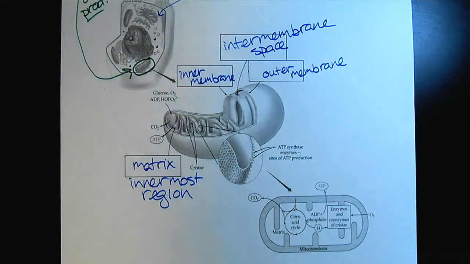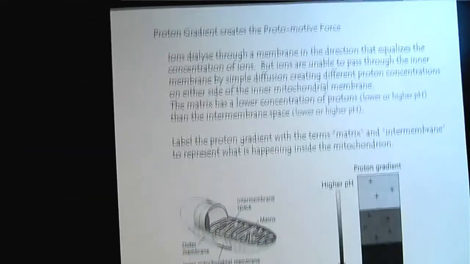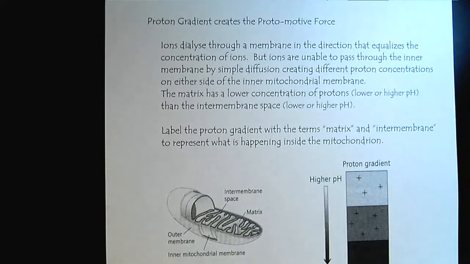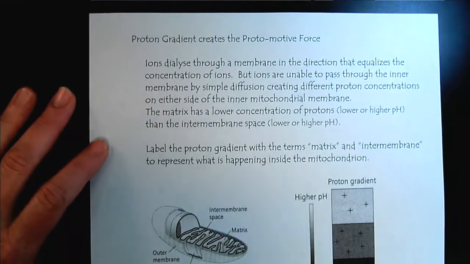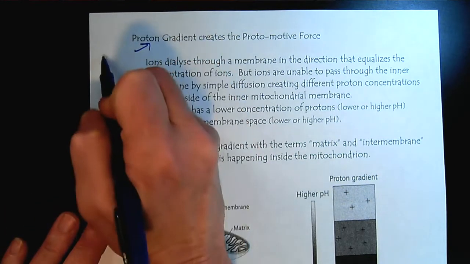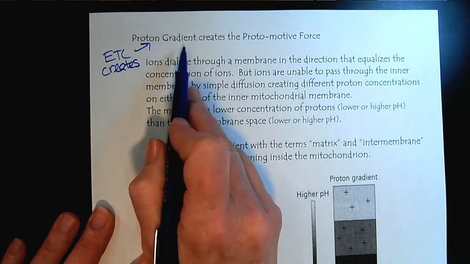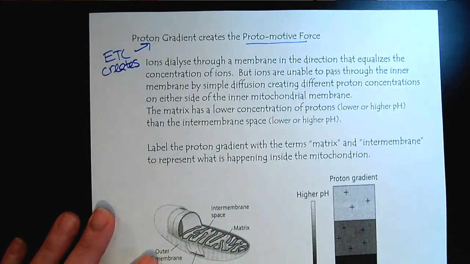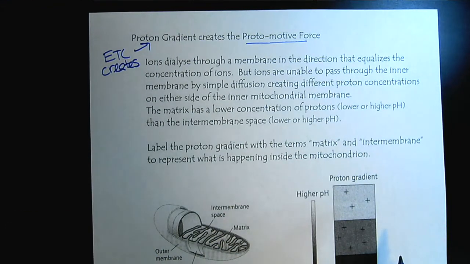Now we have to look at a bit of the energetics before we can get to the actual energy production. What's going to happen is that the electron transport chain is going to create a proton gradient. And this proton gradient creates something we call the protonmotive force. Basically, it creates stored potential energy.